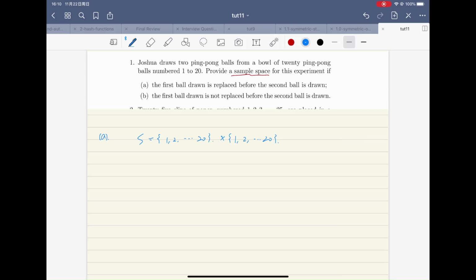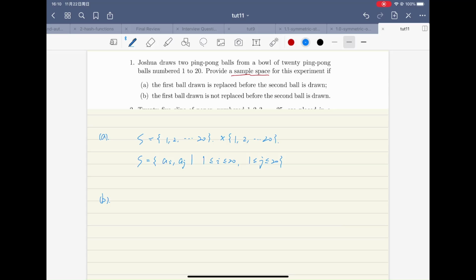Or we can represent it as S equals (a_i, a_j), where i is greater than or equal to 1 and less than or equal to 20, and j is greater than or equal to 1 and less than or equal to 20. That's the sample space for question A.